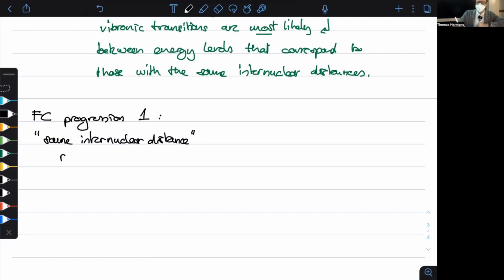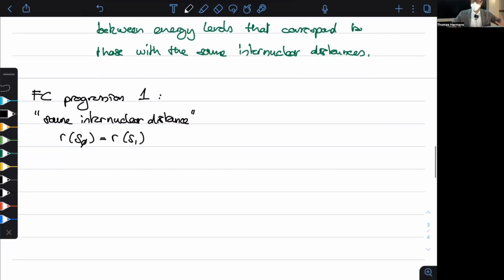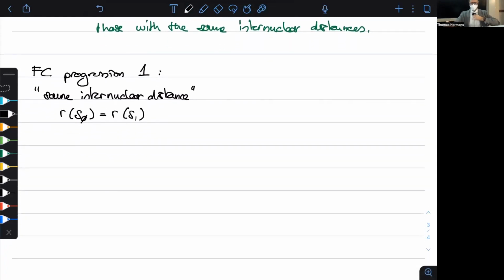Internuclear distance, I'm going to use R. So the R of the ground state is the same as the R of S1. It means that the atoms have exactly the same distances in the excited state as in the ground state. So your molecule basically doesn't move, which is unlikely, but it can happen.